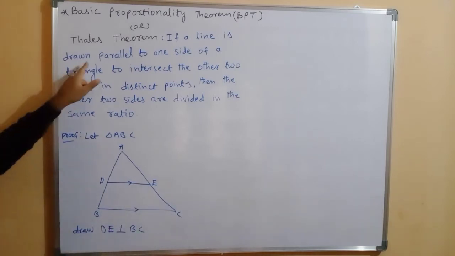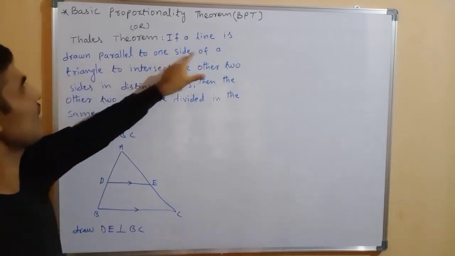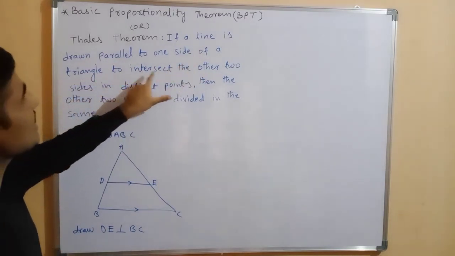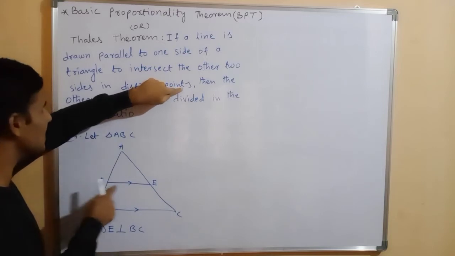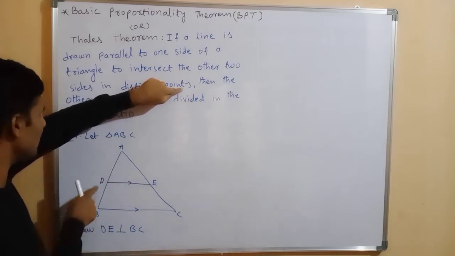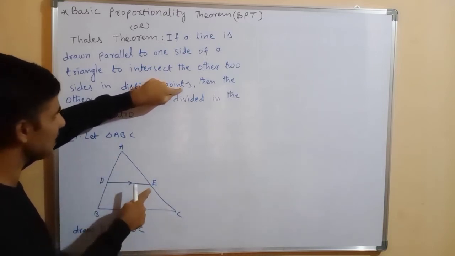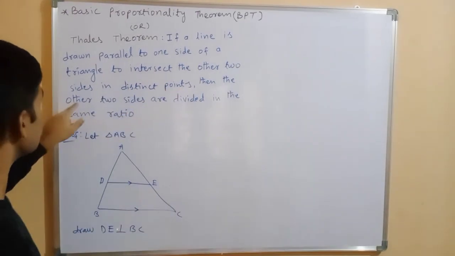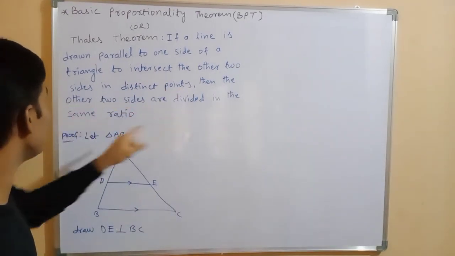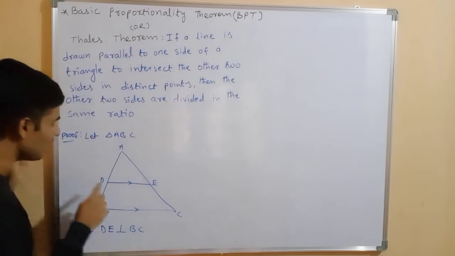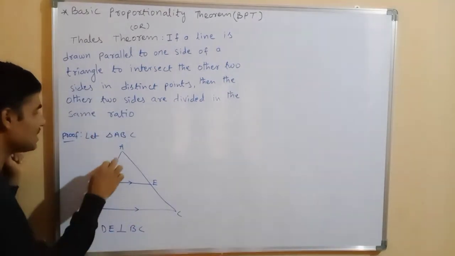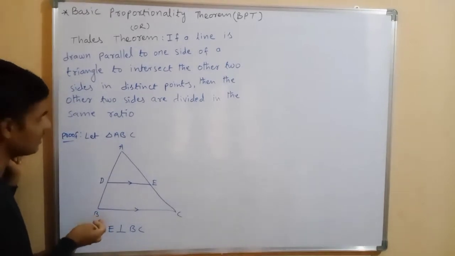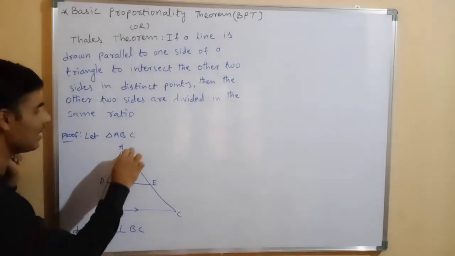A line drawn parallel to one side of a triangle intersects the other two sides in distinct points. It intersects AB at D and AC at E. Then the other two sides are divided in the same ratio. That means when you draw a line parallel to any one side of a triangle, it divides the other two sides, AB and AC.